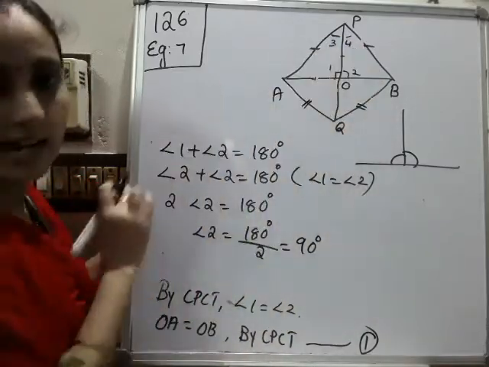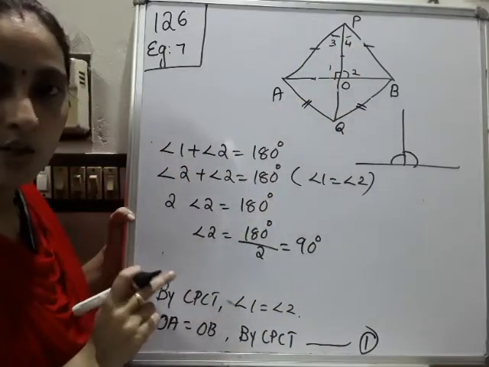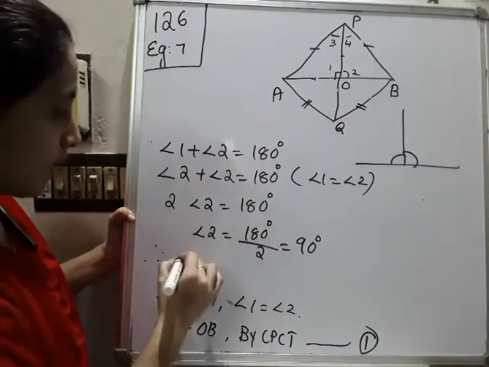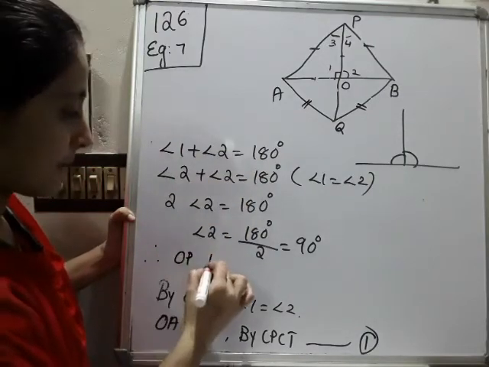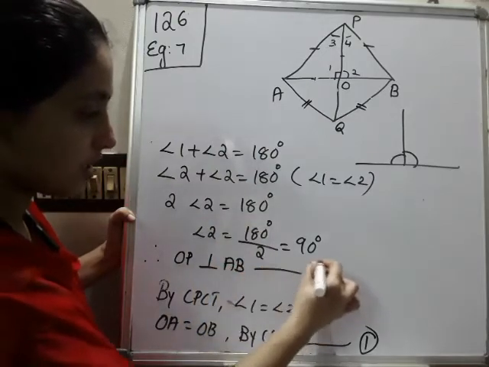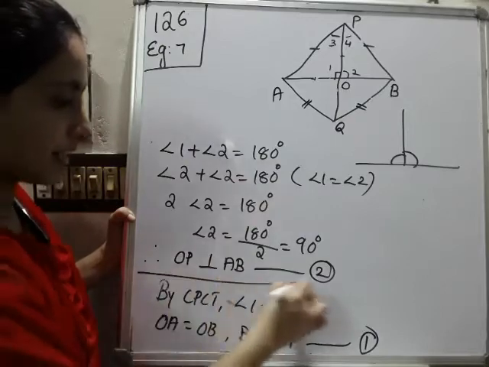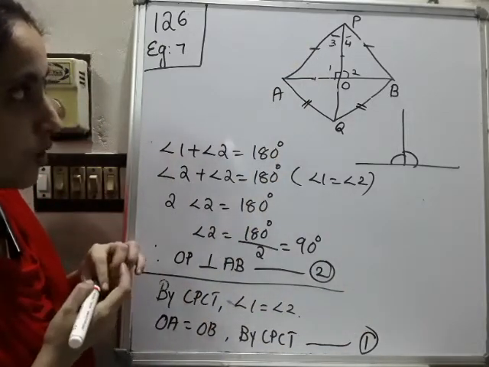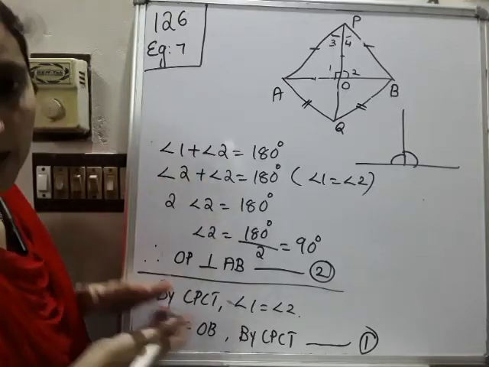So this angle is 90 degrees, and angle 1 is also 90 degrees. Therefore OP is perpendicular to AB. That is equation number 2. Perpendicular means the angle is 90 degrees.